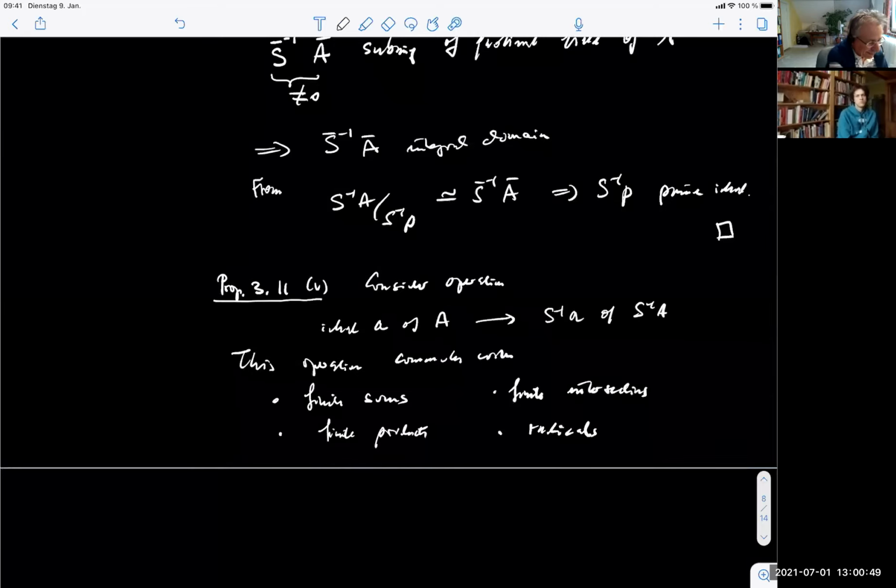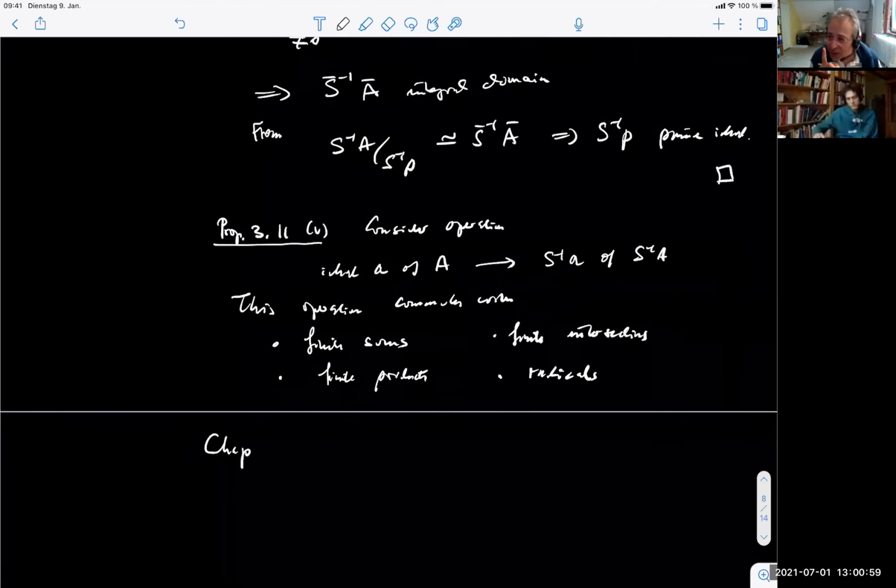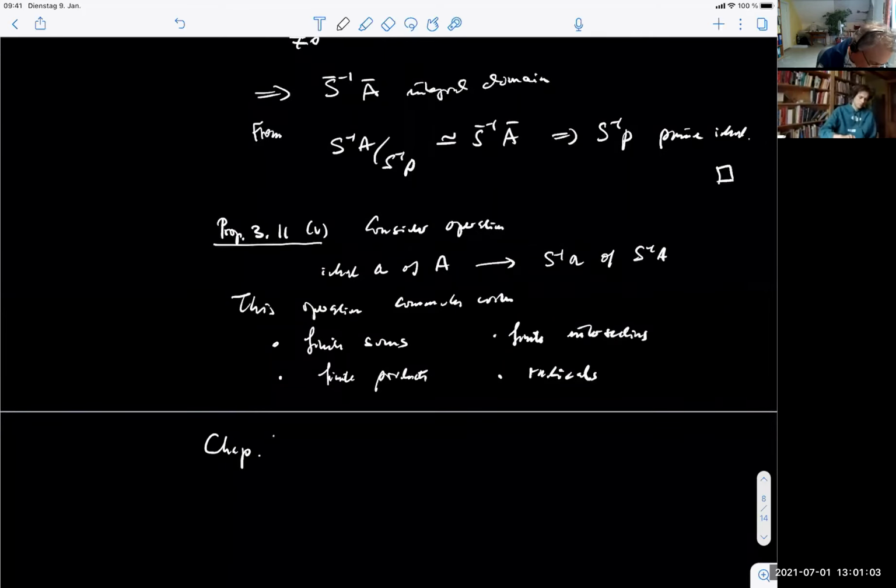Okay, so let's go. End of localization. Let's start a new topic. But not the end of localization: we will use it in the proofs, but it will not be applied. So chapter 4 is integral dependence.